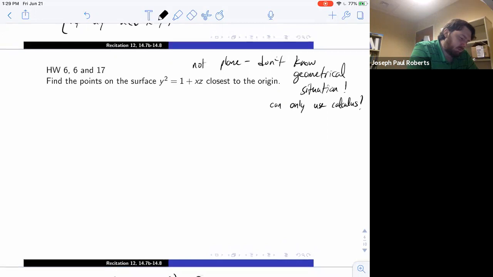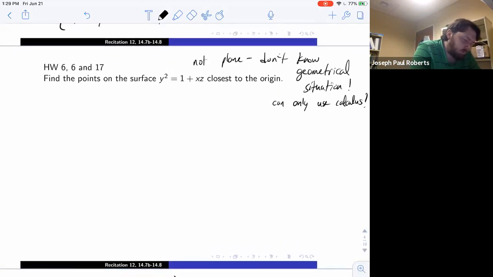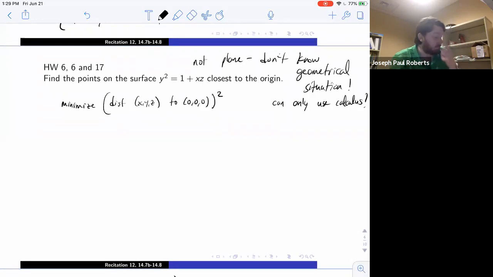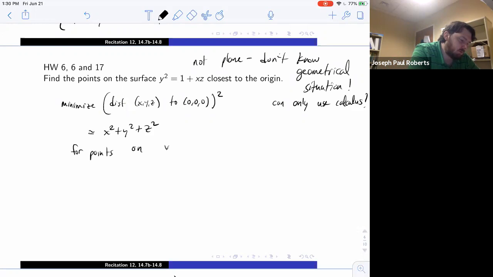And so we're going to set it up pretty similar to before. We want to minimize the distance from (x, y, z) to (0, 0, 0) squared, which is, of course, x squared plus y squared plus z squared, for points on y squared equals 1 plus xz.